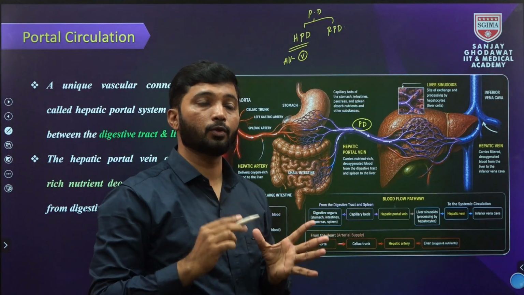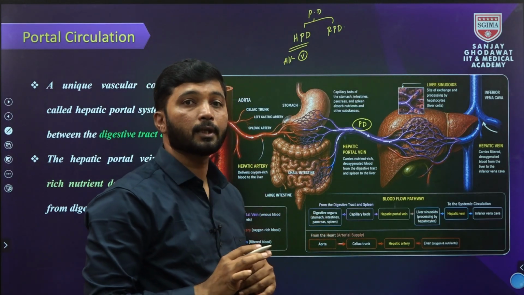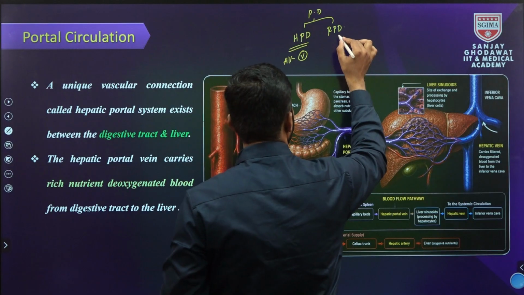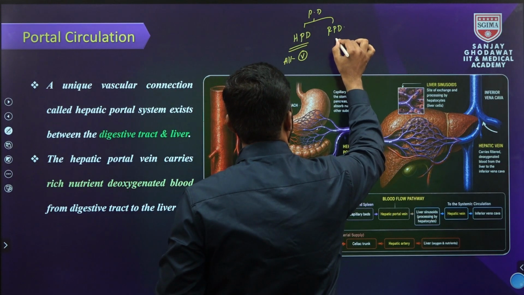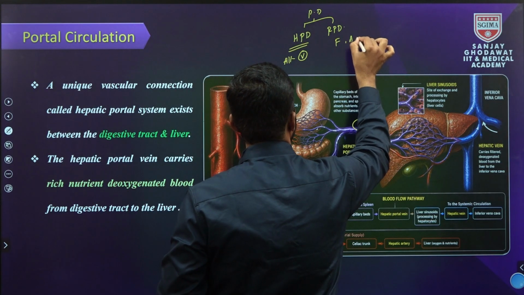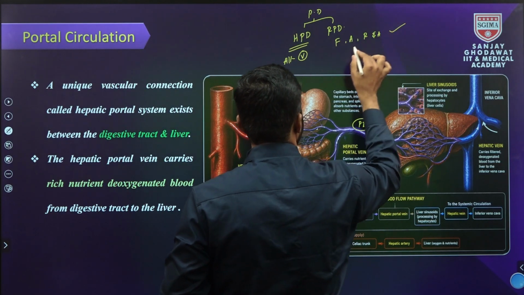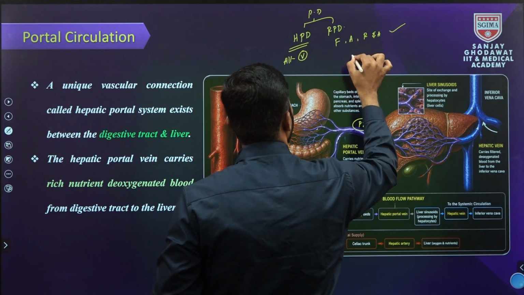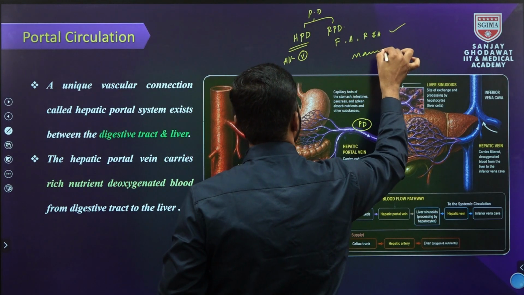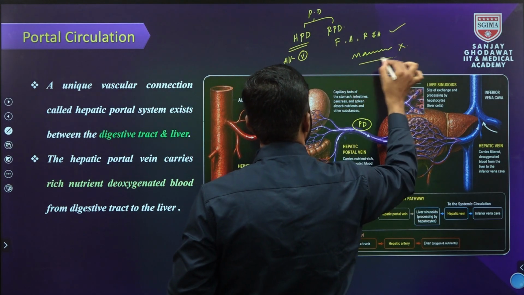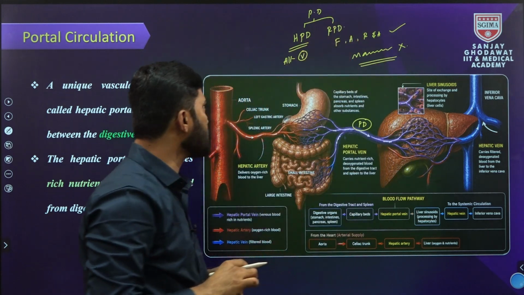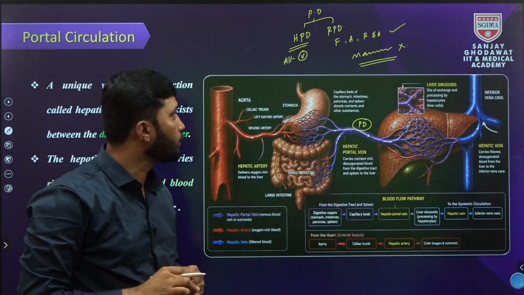In mammals, including humans, the renal portal duct is absent. That is important for your objective questions: hepatic portal, renal portal.